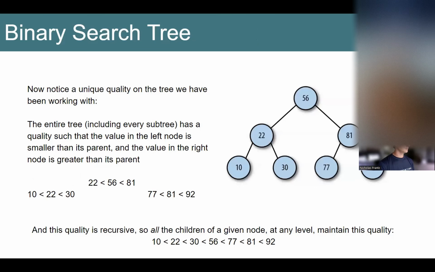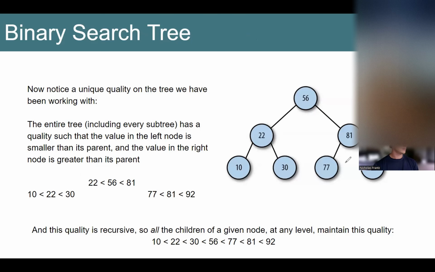Something to keep in mind about binary search trees, which is a little bit different from regular binary trees, is that the value in your left node is smaller than the value of the parent, and the value of the right node is greater than that of the parent. What do I mean by that?